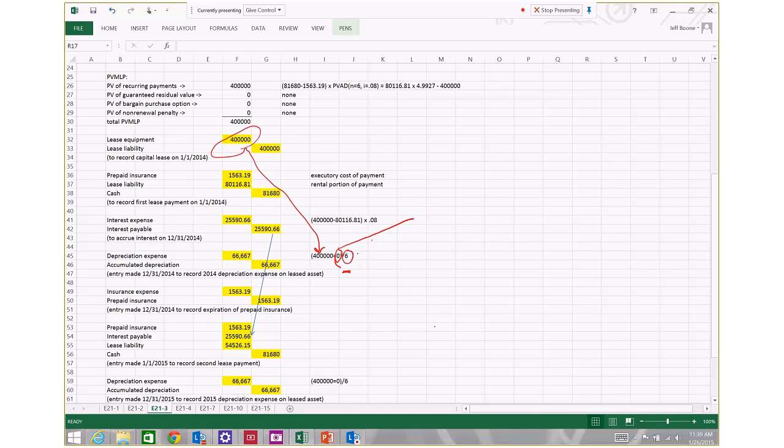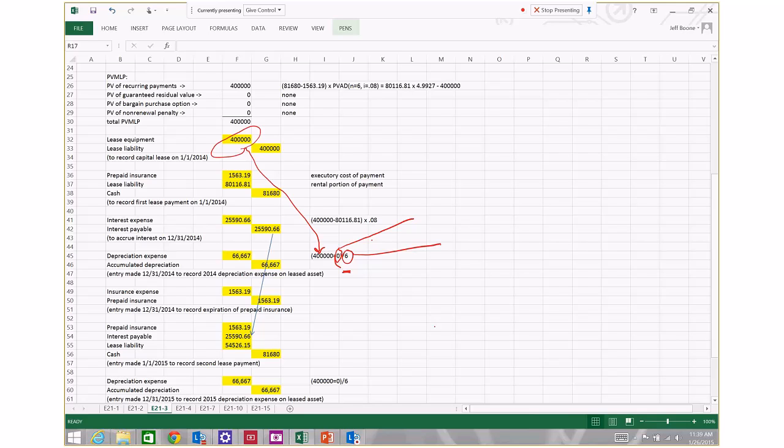And then the period of time over which the asset is to be depreciated, in general, a lessee depreciates a leased asset over the lease term. The only circumstance in which they don't is if there's a bargain purchase option or the lease transfers title to the lessee at the end of the lease term.